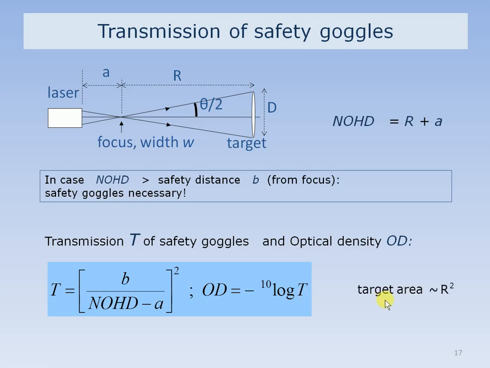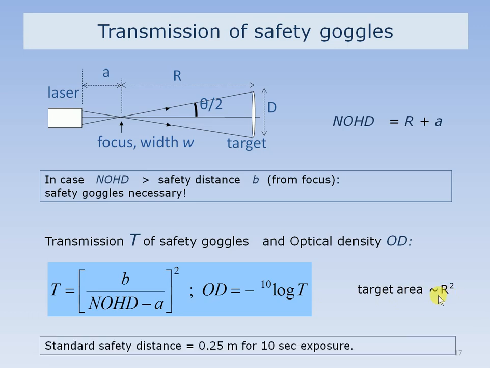The target area is proportional to R squared. And for this safety distance B, 0.25 meters is used for a 10-second exposure, as we have seen before.